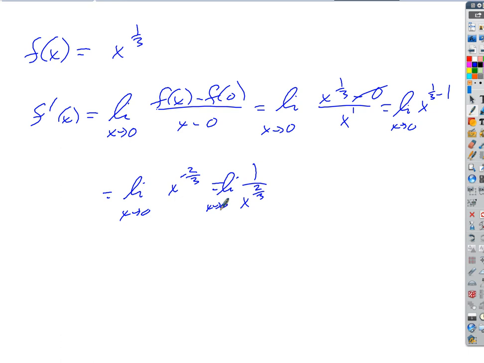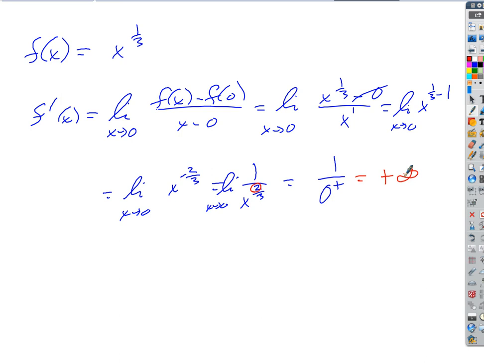As x goes to 0, what's that going to do? That's going to be 1 over 0. In fact, it's actually going to be 0 plus for sure, isn't it, because it's being squared, right? So if it's 1 over 0 plus, what is that? Positive infinity. You guys are getting this stuff, right?